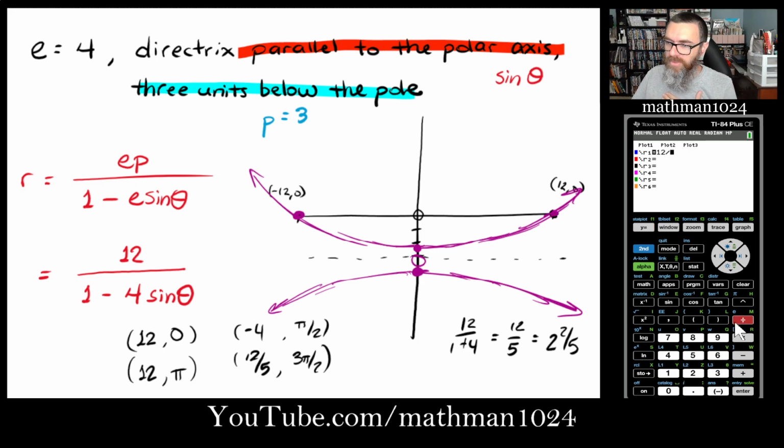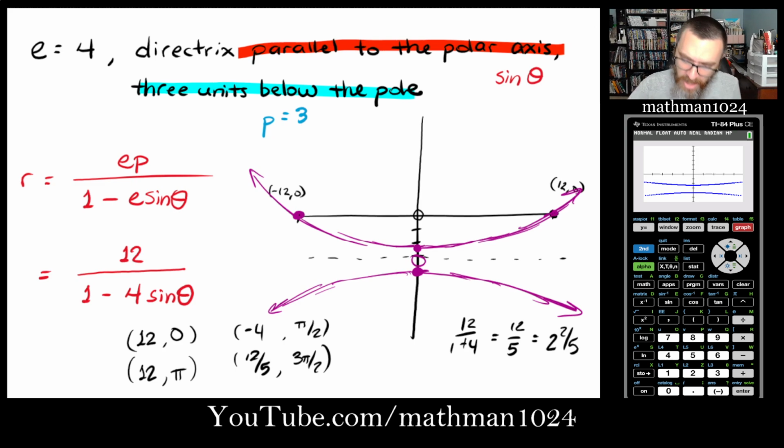So 12 divided by 1 minus 4 sine theta. Now you see the graph doesn't show everything. This is from a previous window, so let's change this. So we go from, say, negative 6 to 6. And there are the two pieces just like I have right here.